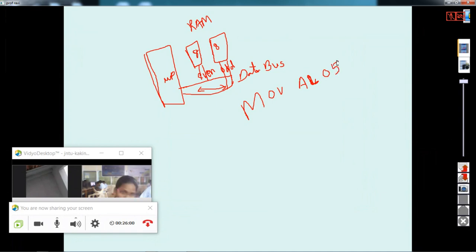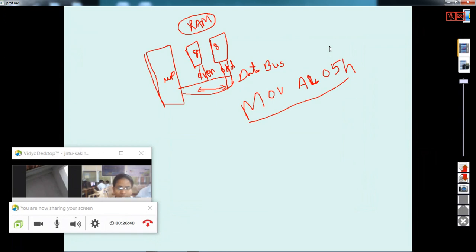That means you want to move 5 into the accumulator register. Throughout my lecture, I'll take addition of two numbers as a starting point. As a programmer, you write your instructions in the memory, and the instruction can be of this kind, like moving 5 into AL.